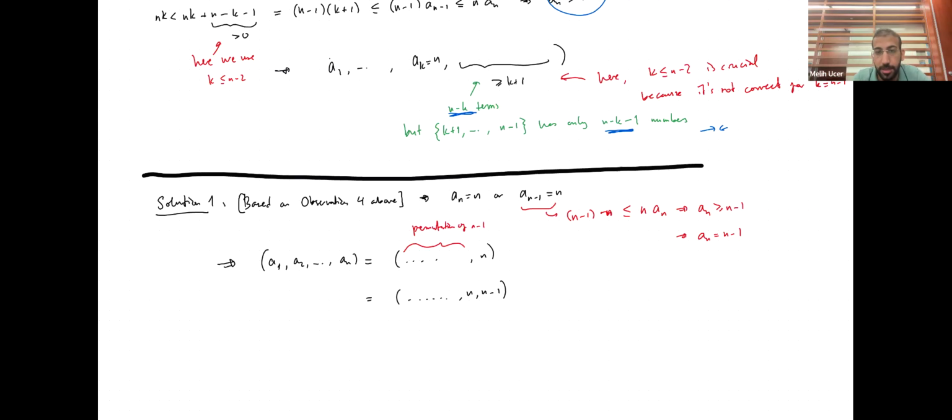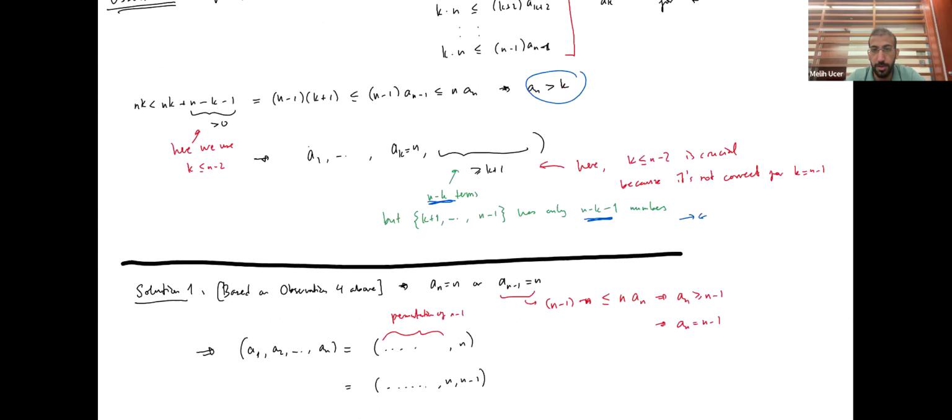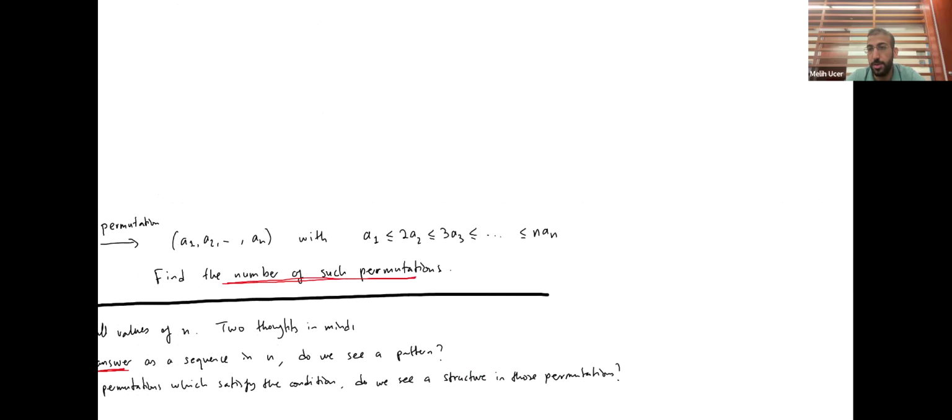This is the same thing, just reduced from n to n minus 1. This is a permutation of the numbers 1 through n minus 1, and they have to satisfy the same inequalities, except the last term, and the last inequality is automatically satisfied.